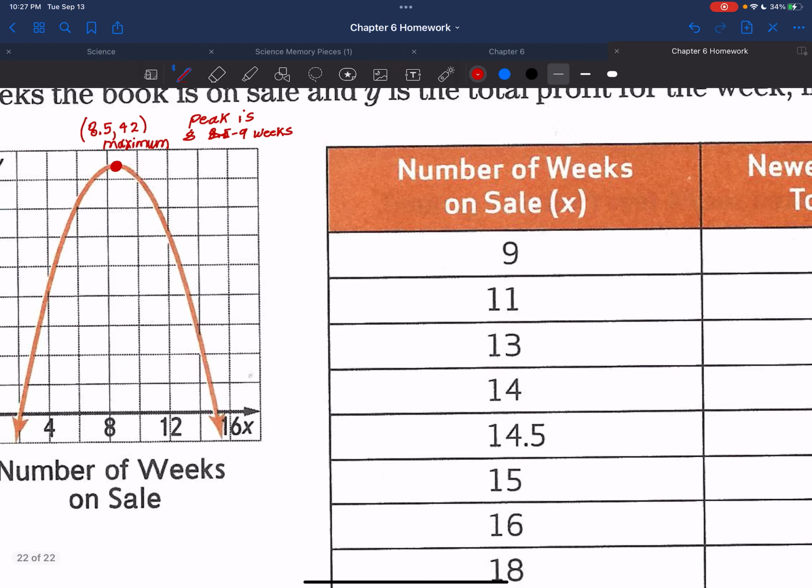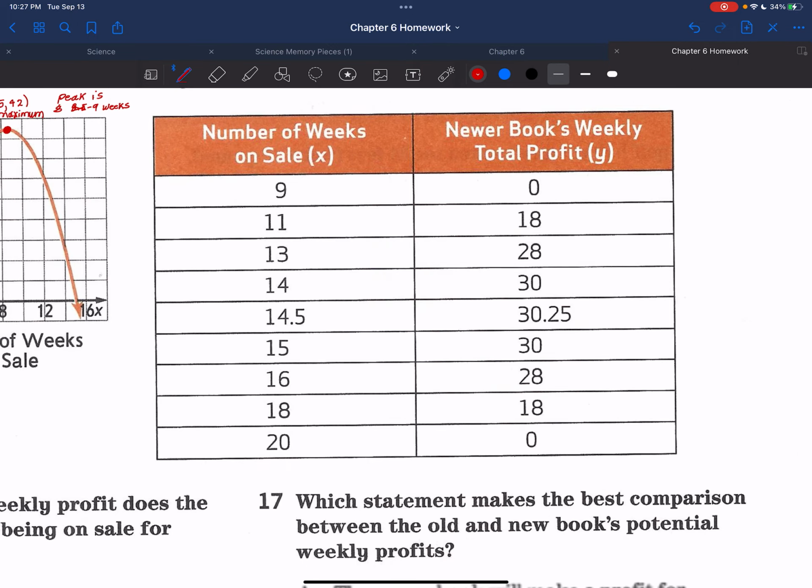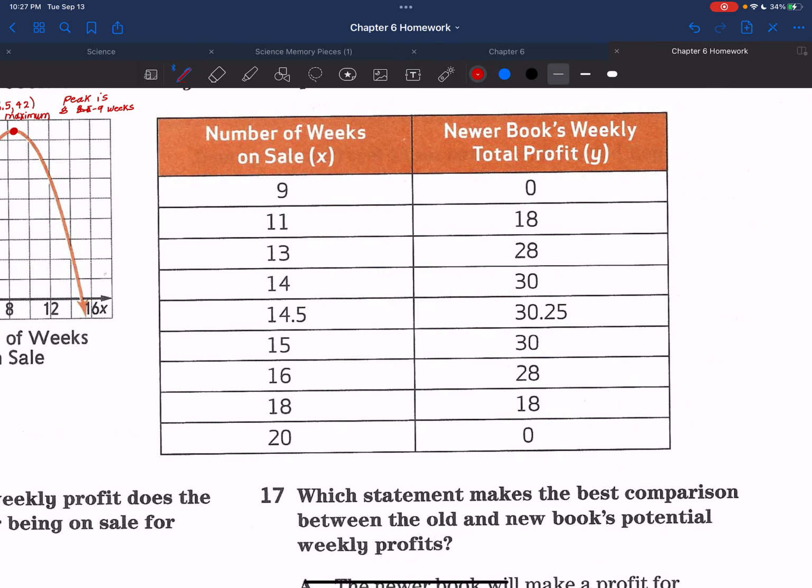So let's look at this one. When is the maximum happening in this one? This is not a graph, but I can still tell you when the maximum is going to be. This is the highest amount. It reaches about 30,000 and some change. And that occurs when? At weeks 14 and a half.